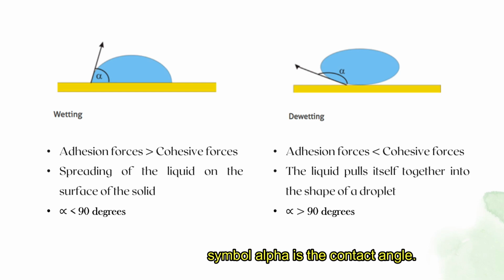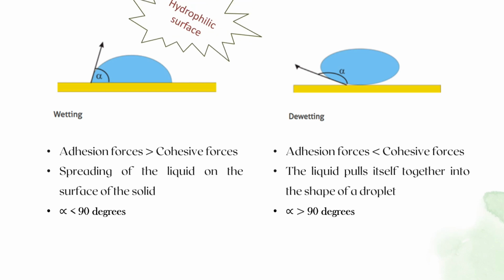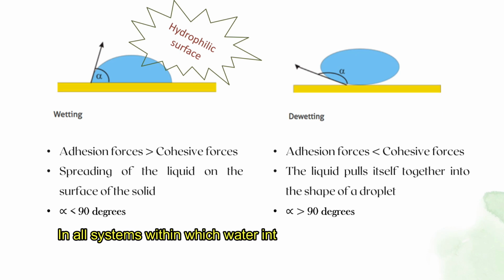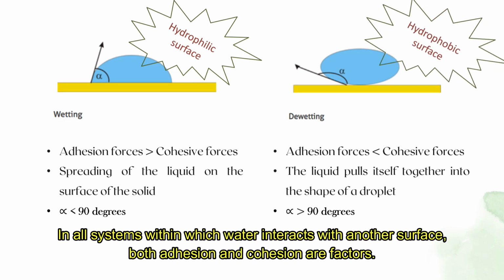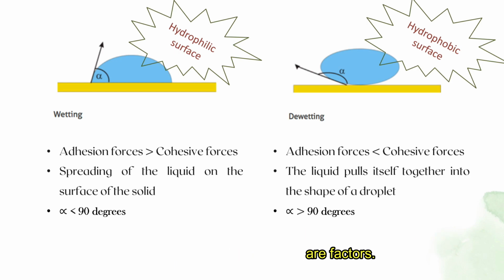As from the experiment, we know that paper with wax is non-wetting, but paper without wax is easily wetted by the dyes. Why does this happen? This is due to wetting happening on a hydrophilic surface, while non-wetting happens on a hydrophobic surface. In all systems in which water interacts with another surface, both adhesion and cohesion are factors.